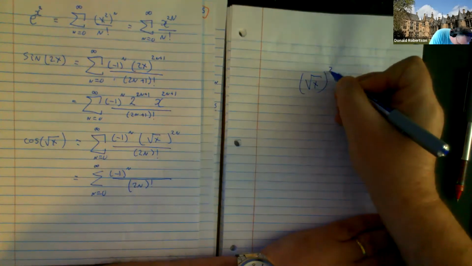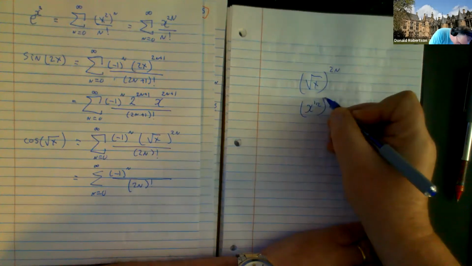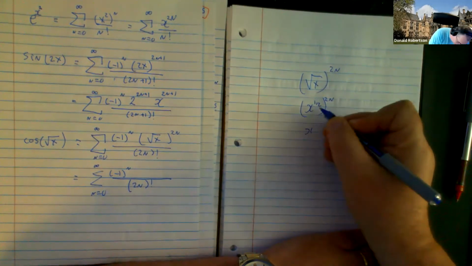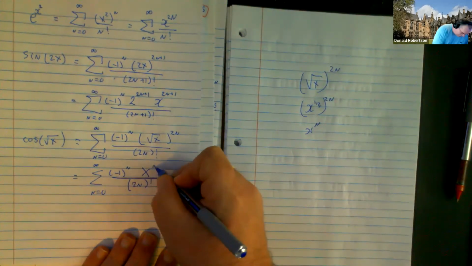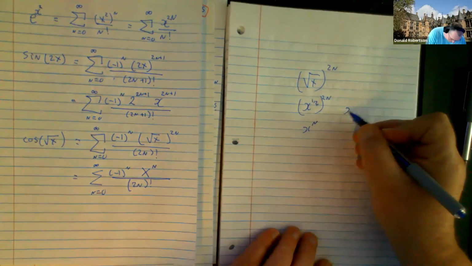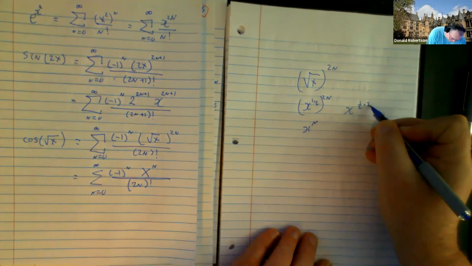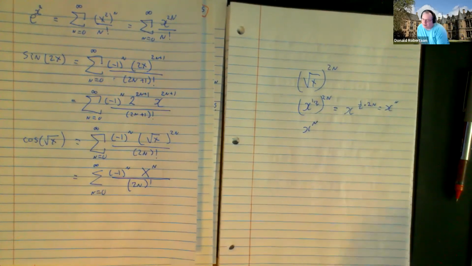So I'll do it over here. If I call the square root of x, x to the half power, then don't you multiply these together and whoa, don't you get a really nice answer? x to the half times 2n. Came out really nice.